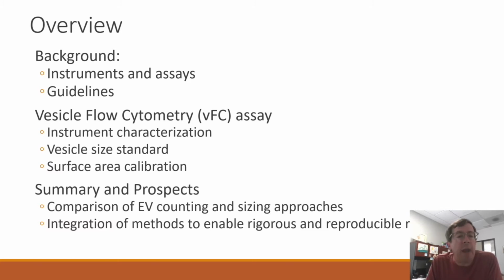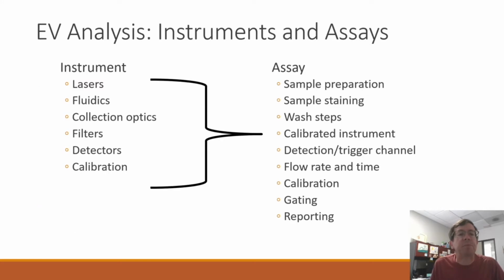I'll describe our vesicle size standard, and then I'll describe and demonstrate how we use that to calibrate the surface area of EVs, which is how we estimate size. And then I'll wrap up by comparing and contrasting the different approaches to EV counting and sizing, and talk a little bit about how the integrated use of these methods enables rigorous and reproducible EV measurements.